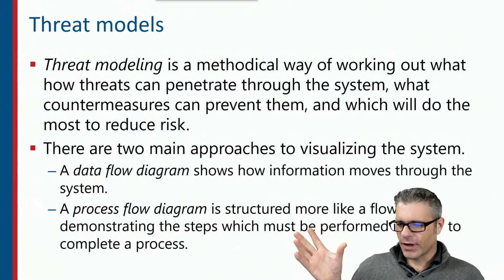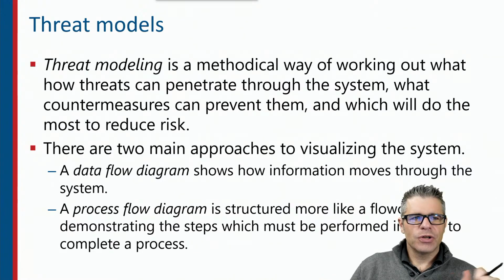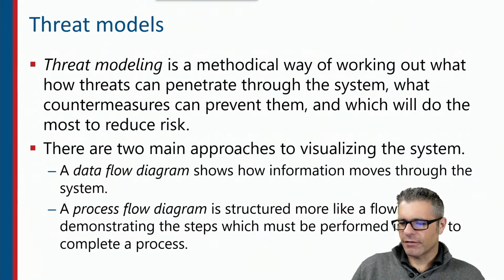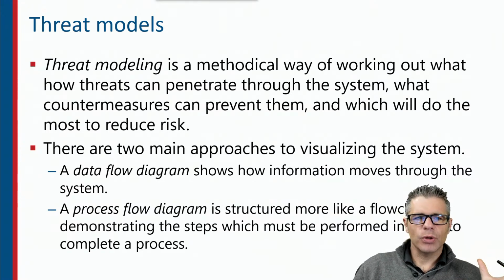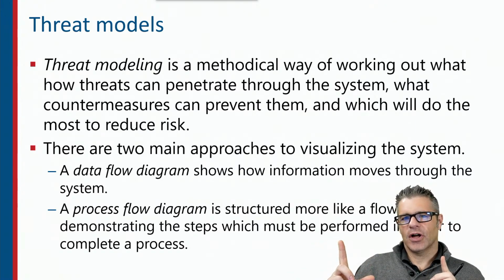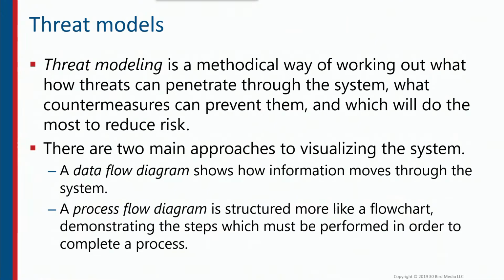Understand what your threat looks like. You can go through and draw these things out if you want to look at the components of a system to visualize how it works. And that's usually either you look at the processes involved or you look at the data that's involved.